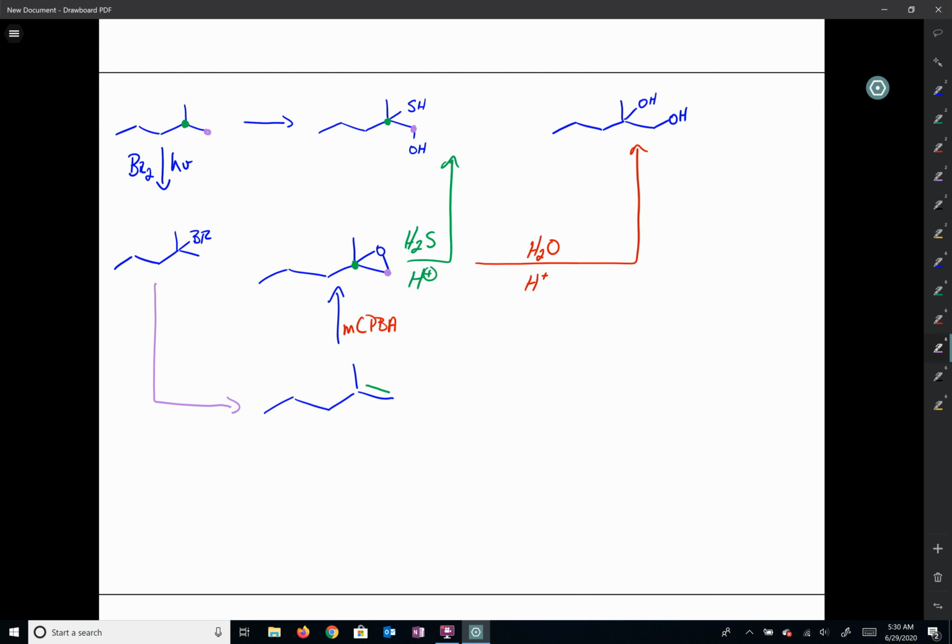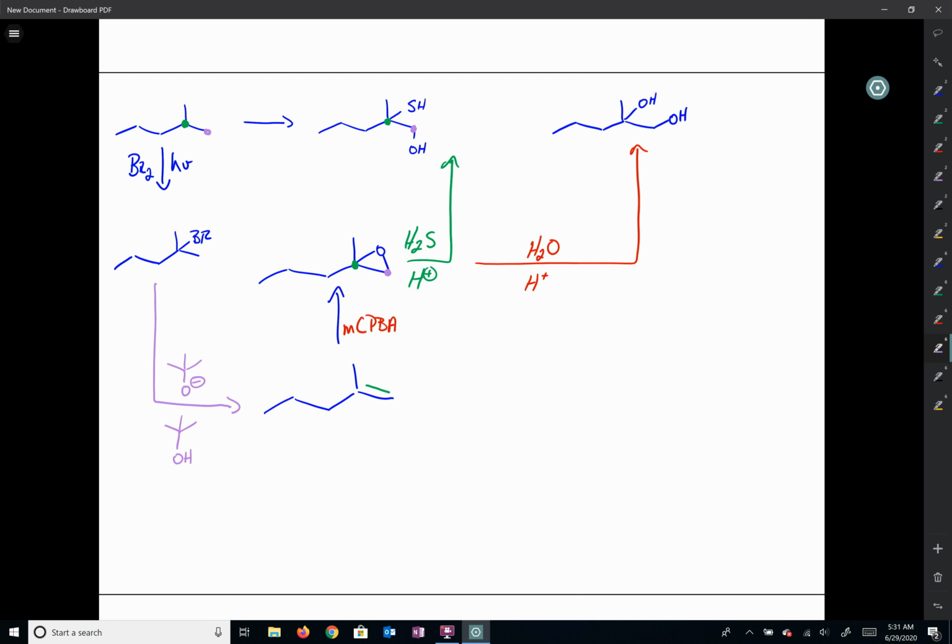Well, we sure can, but we got to be careful, right? We know we have to do an elimination, but if you notice, this alkene here is a terminal alkene. So we have to put in a strong, bulky base that will eliminate and form the less substituted alkene. Our t-butoxide will probably be our go-to choice.